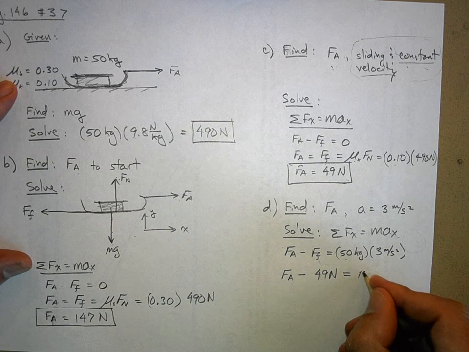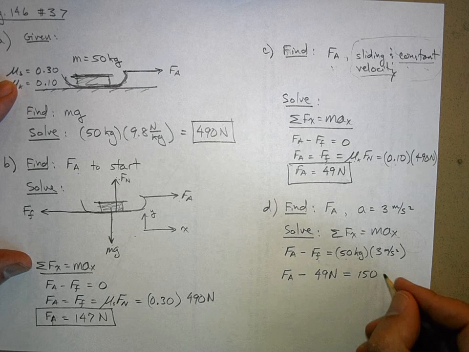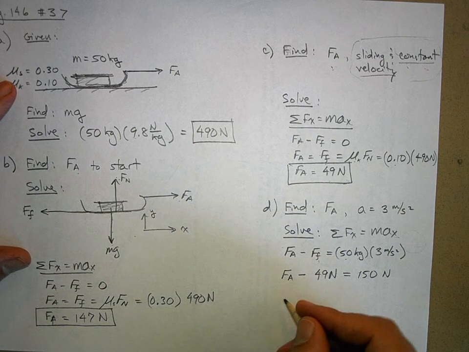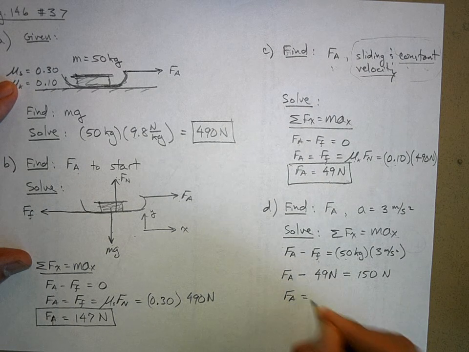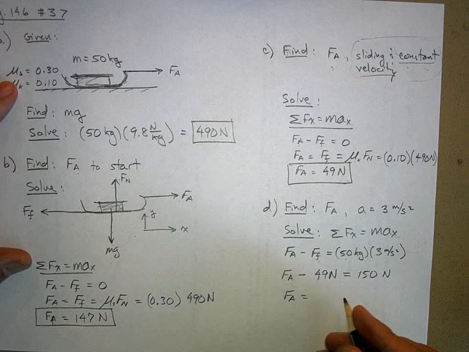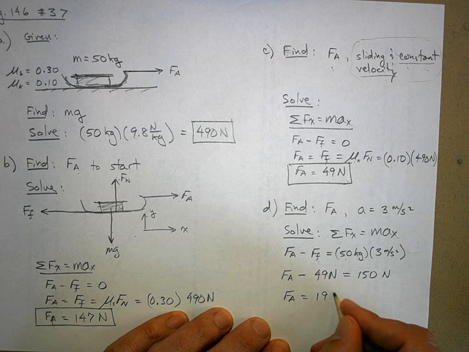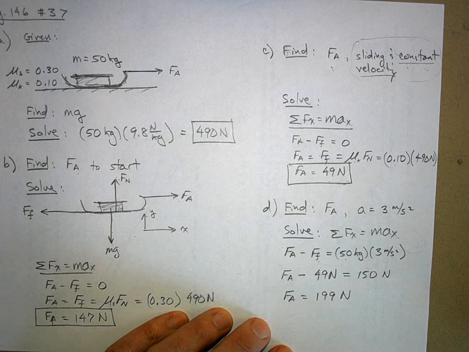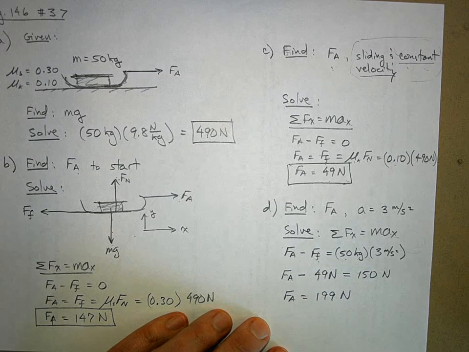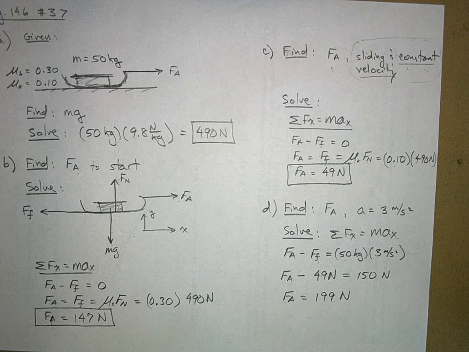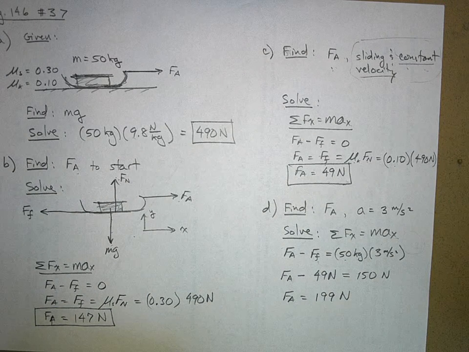That's 150 newtons. So now I can solve for this, just add 49 to the other side, and I get 199 newtons. And I think I read 200 newtons as the answer, or 20.0 times 10 to the 2. The book rounds everything off very precisely. I'm just going to leave it like that. That's good enough.